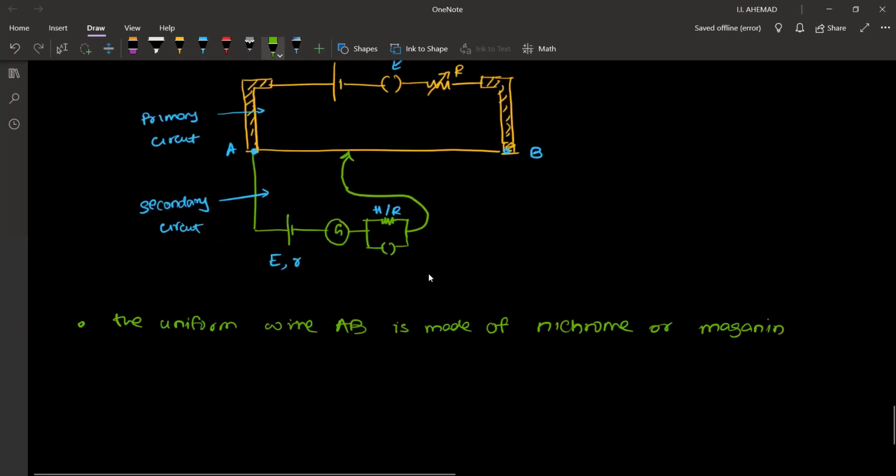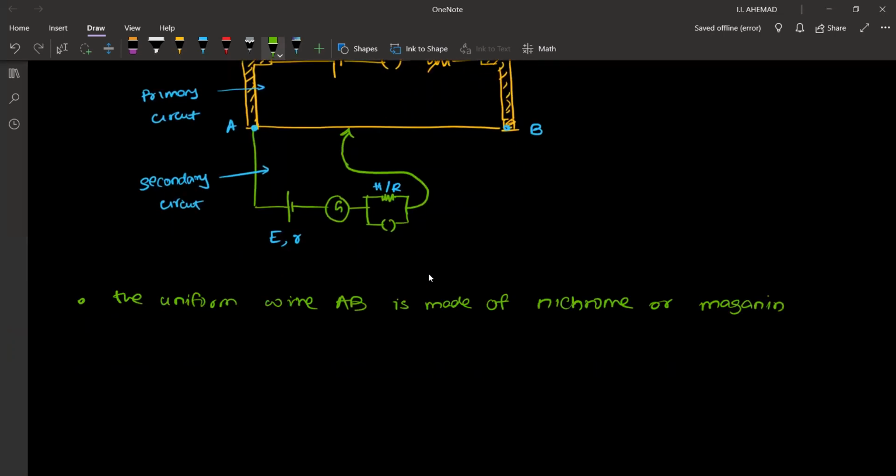So what might be the reason? Because they have very low temperature coefficient. With temperature, their resistance doesn't change much. When the resistance doesn't change much, then the potential drop is also constant across it.